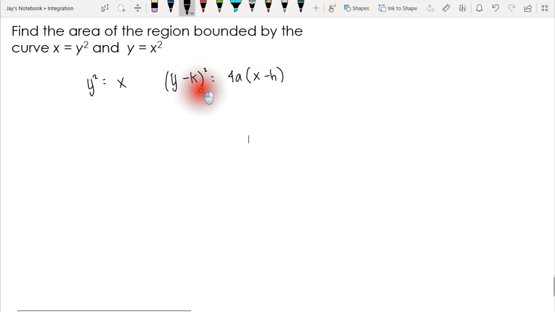If we plot this general form, we have our curve which is opening leftward or rightward, since this could be positive or negative. But if it is positive, we have a parabola which is opening rightward.